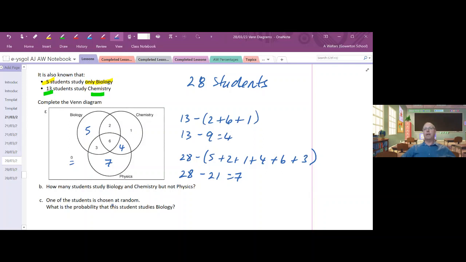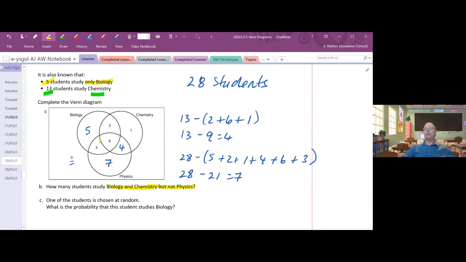Okay. So to answer the questions, how many students study biology and chemistry but not physics? Okay, so biology and chemistry but not physics. I'll try and indicate the area for you. It's basically everything.